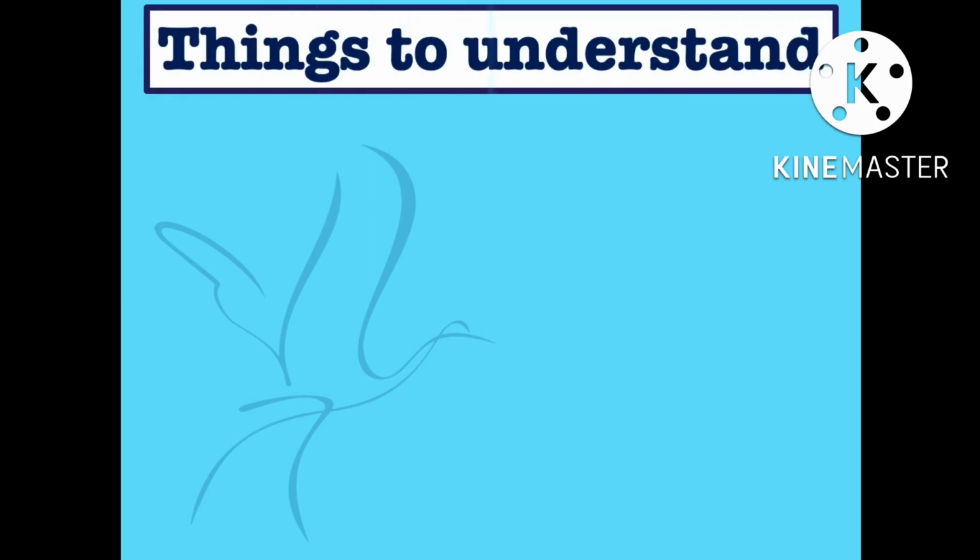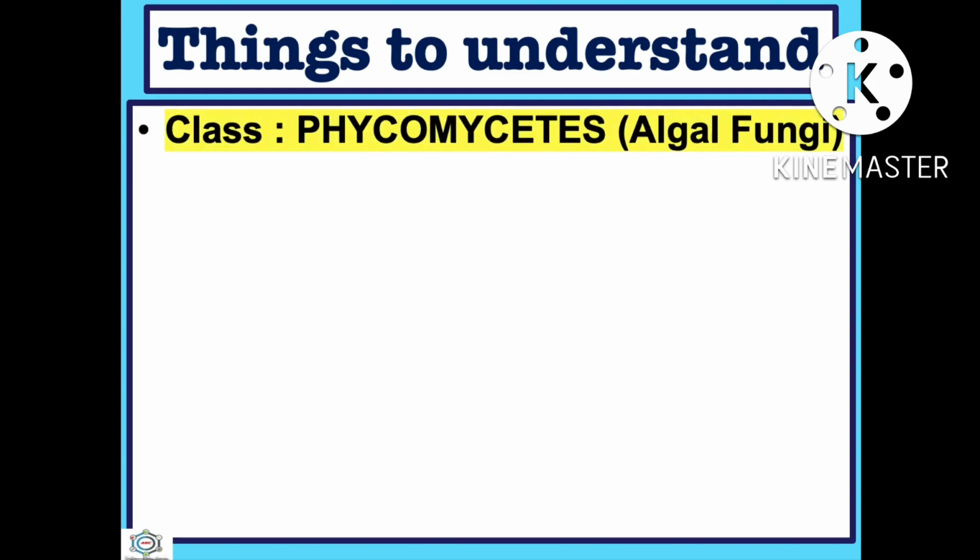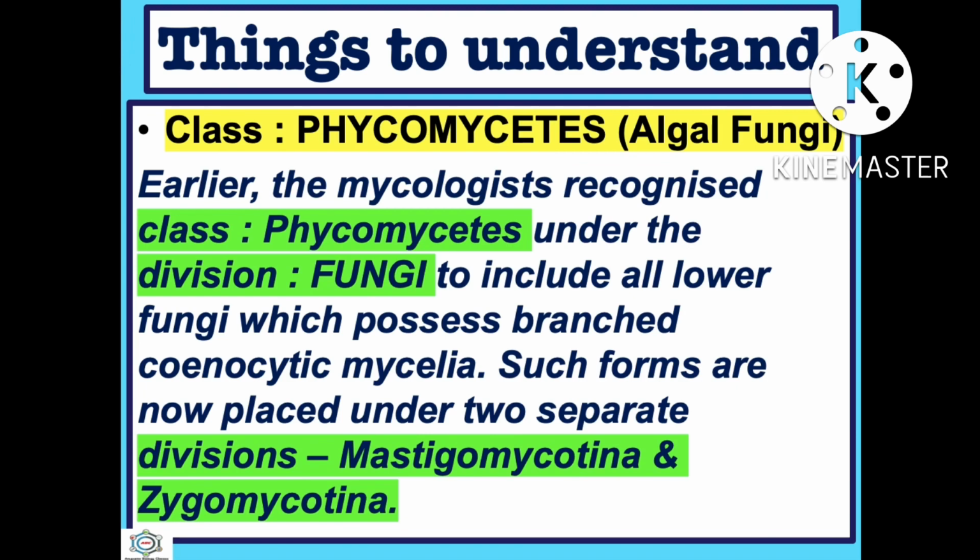See here things to understand. In the divisions of fungi, one class, that is Phycomycetes, is known as algal fungi. Earlier, the mycologists recognized class Phycomycetes under the division fungi to include all lower fungi which possess branched coenocytic mycelia.